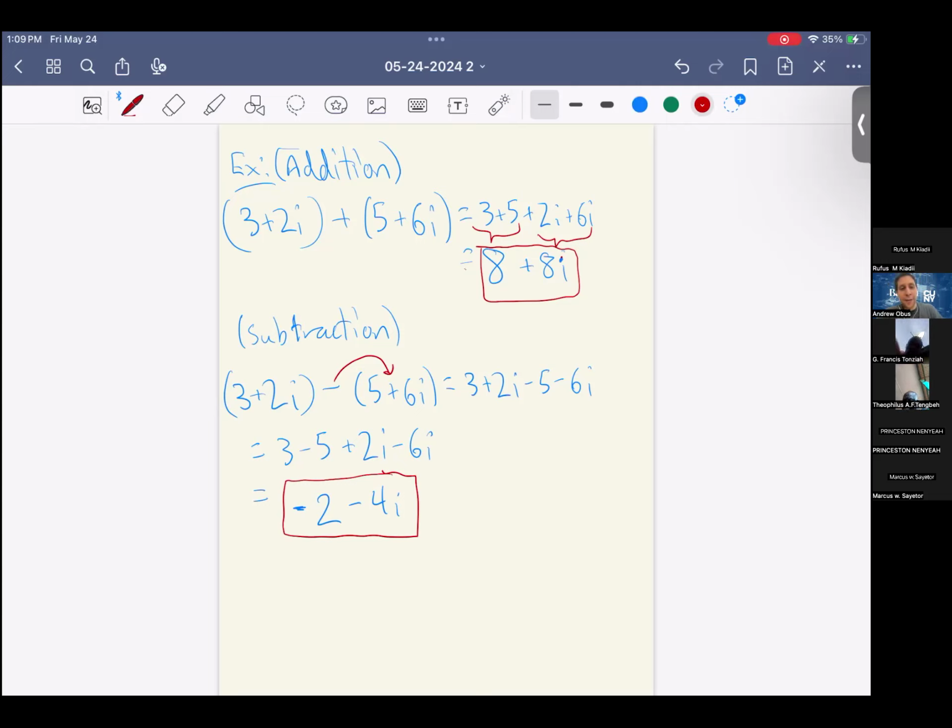You have to use the fact that i squared equals minus 1. But for now, addition and subtraction are very straightforward. You just add the real parts and add the imaginary parts, or subtract the real parts and subtract the imaginary parts. Any questions about addition and subtraction?